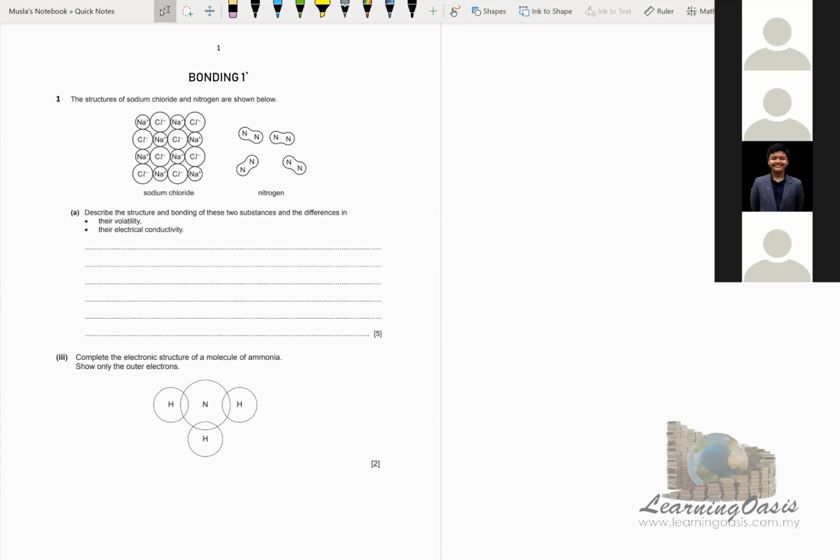Nitrogen molecules move freely and are far apart from each other and are held together by weak van der Waals forces. Nitrogen is more volatile than sodium chloride because nitrogen has a lower boiling point due to its weak intermolecular forces. Sodium chloride can conduct electricity while nitrogen cannot because sodium chloride has free moving ions.